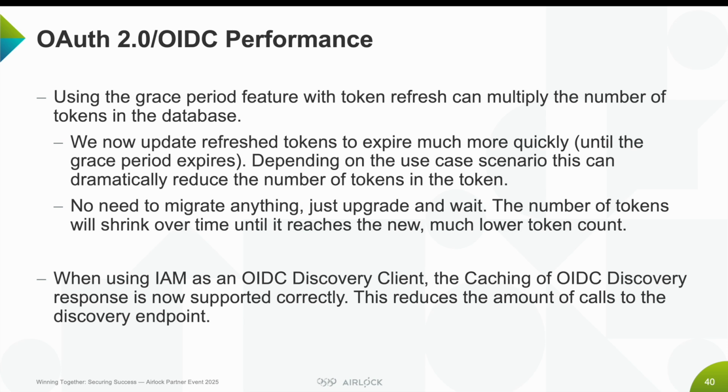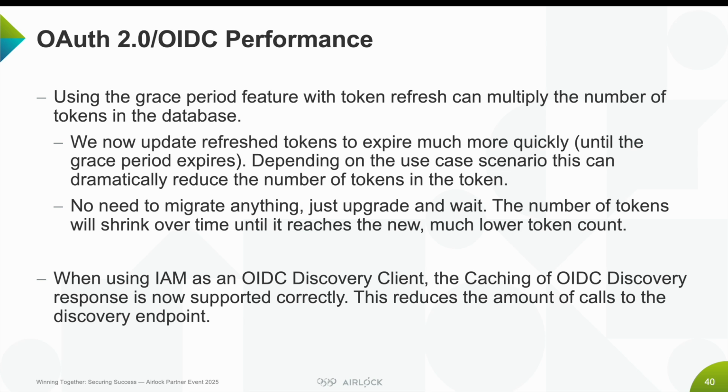Now, this is where the grace period comes in, so that we can actually deal with that situation and clean it up. And by using the grace period more sensibly than in the past, by updating refresh tokens to expire much more quickly until the grace period expires and not until their lifetime expires, we're actually, depending on the scenario, dramatically reducing the number of tokens.